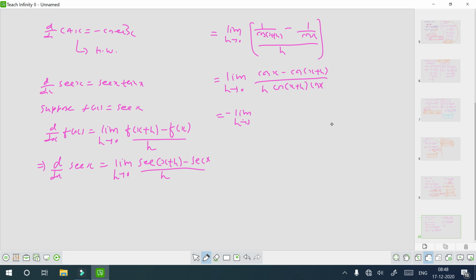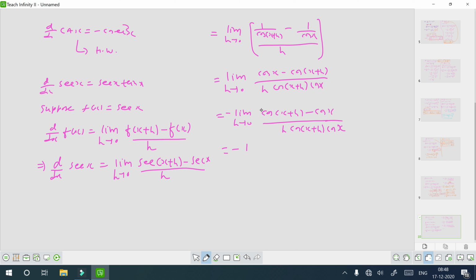Minus limit h tends to 0, cos of x plus h minus cos x upon h into cos of x plus h into cos x.